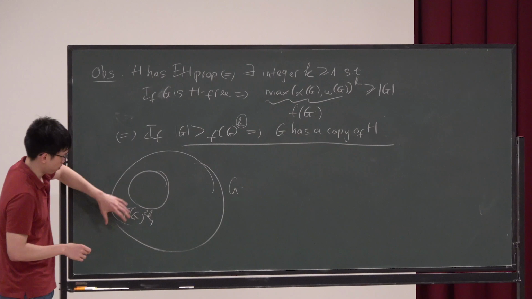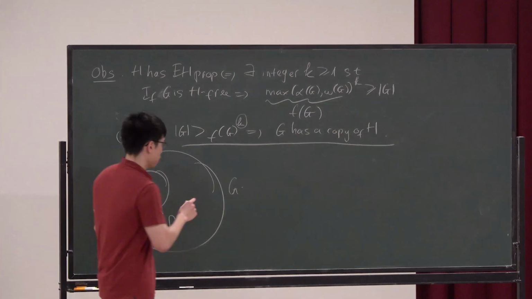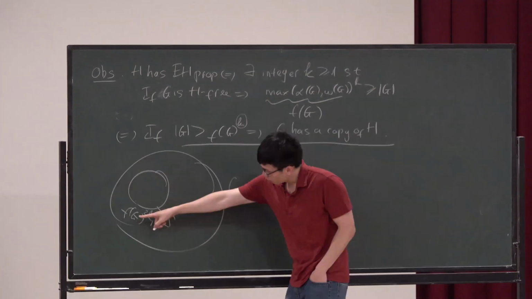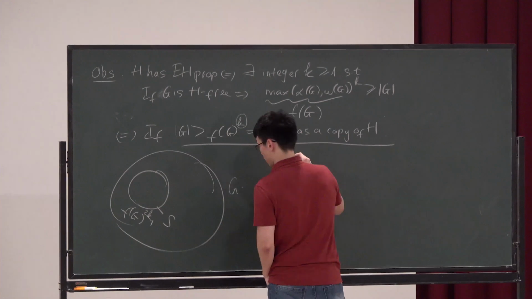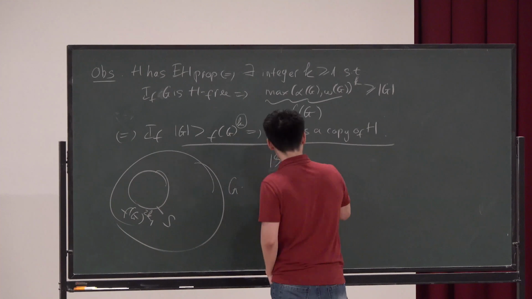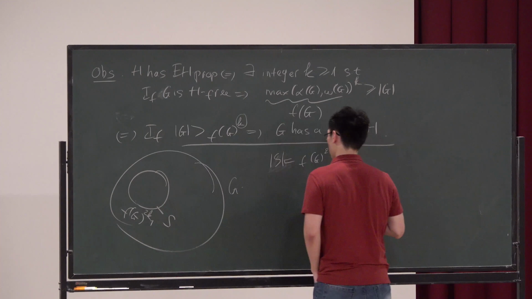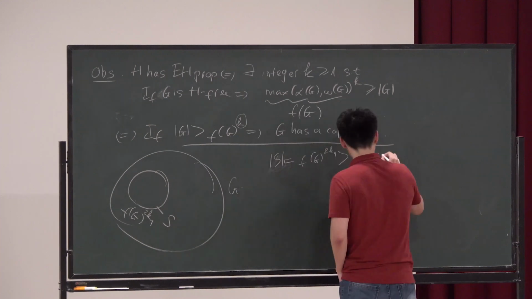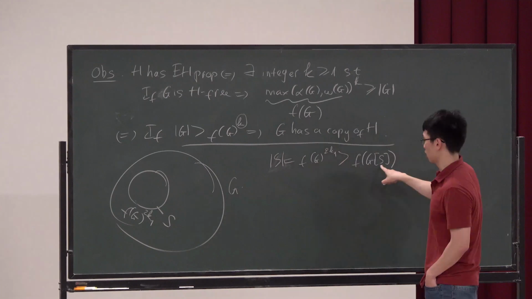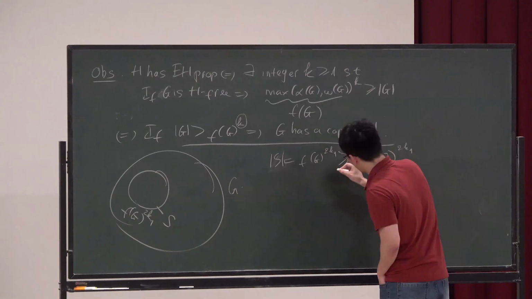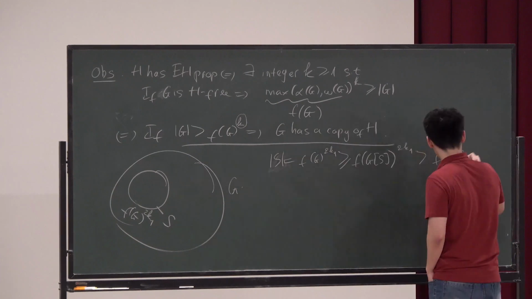Let me say this subset is S. What I can infer from this is that the number of vertices in S is going to be f(G) raised to the power of 2K1, say, and this is at least f of G restricted to S raised to the power of K1.